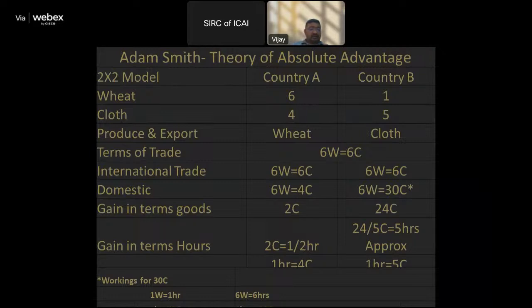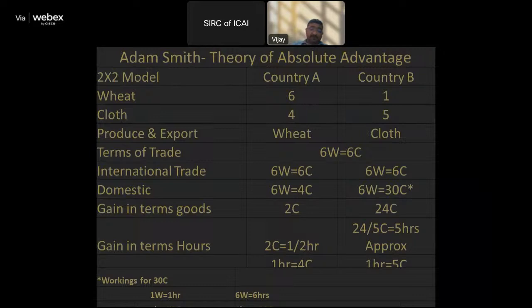Friends, country A is having 2 hours. They can produce wheat and cloth in their country. If they produce domestically, they can produce only 6 wheat and 4 cloth.